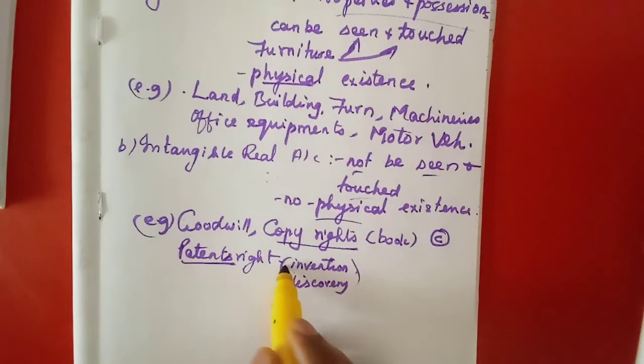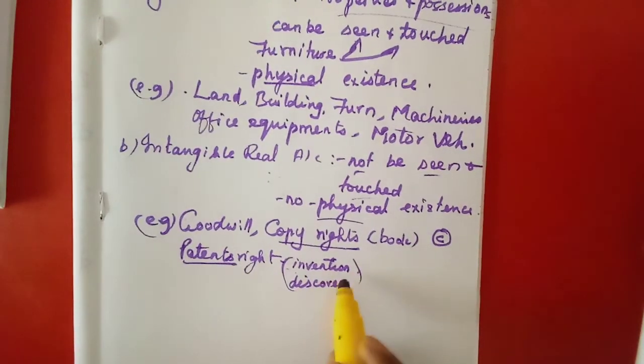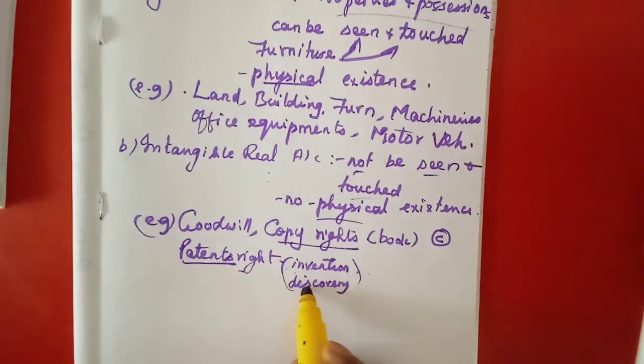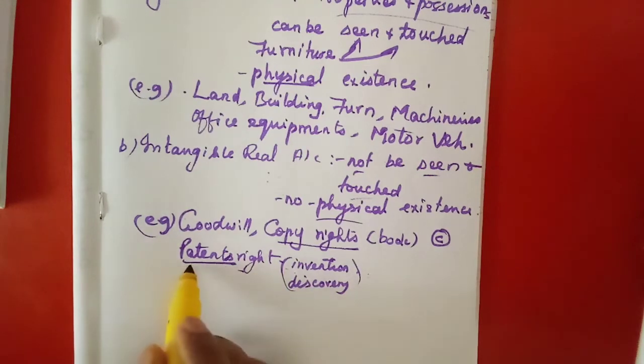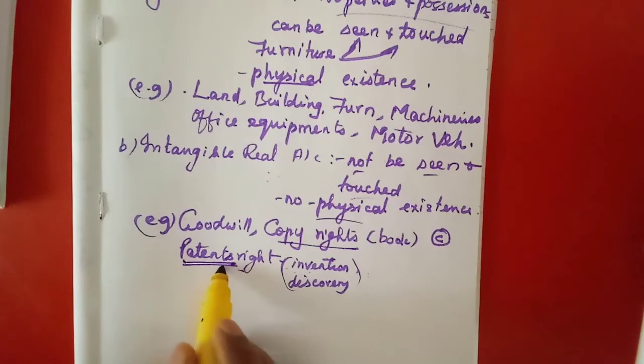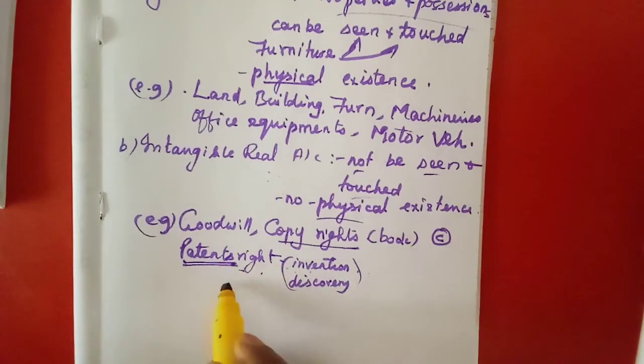If anyone wants to produce that particular product that you have invented or discovered, they have to give you a lump sum. No one can copy that one. They cannot say that they have invented that. That right is called patent right.